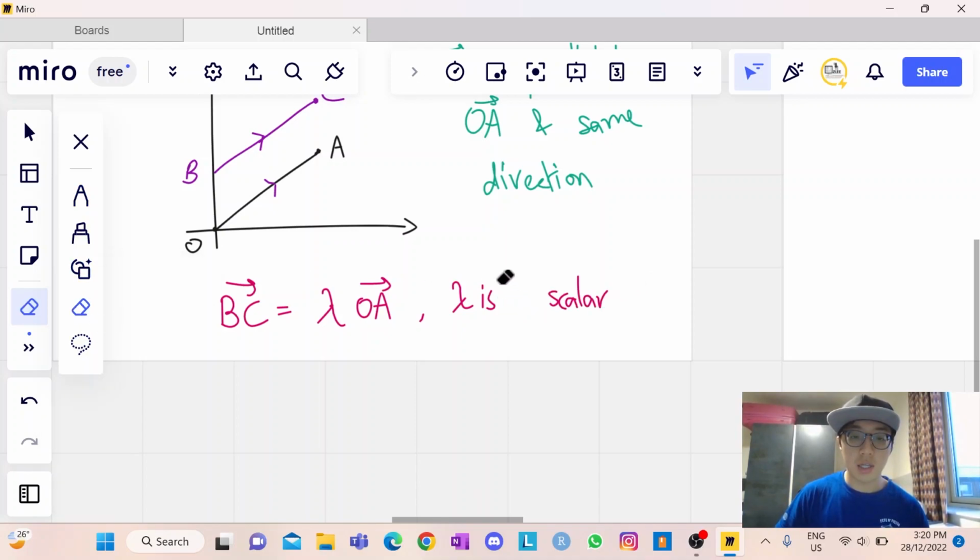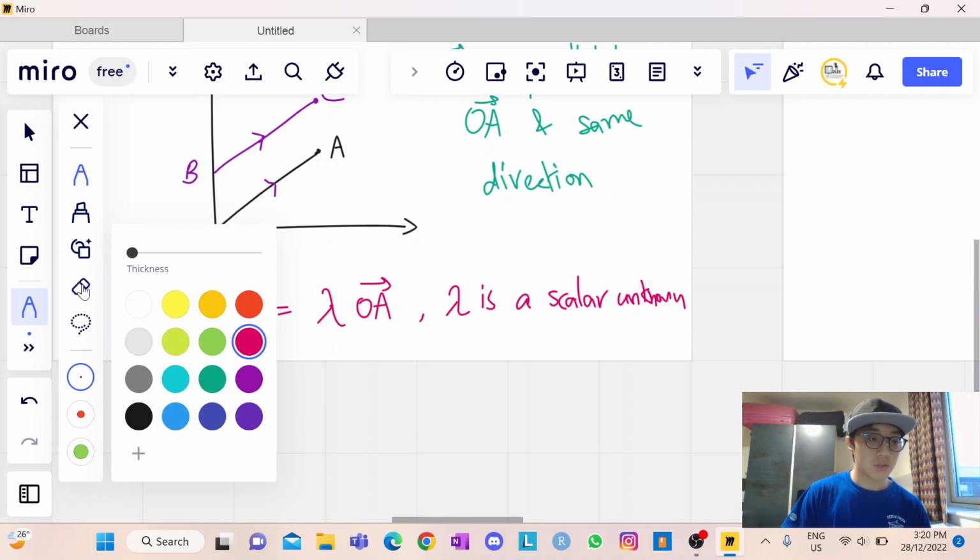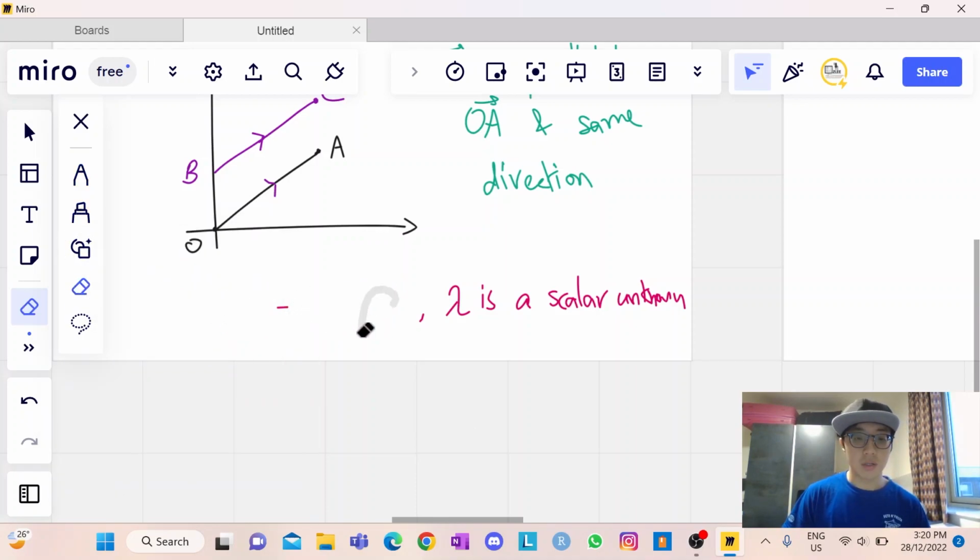Lambda is a scalar unknown. There's very little space down here, so I'm going to erase this and write it smaller. BC equals lambda OA.